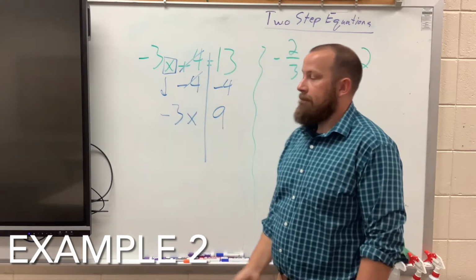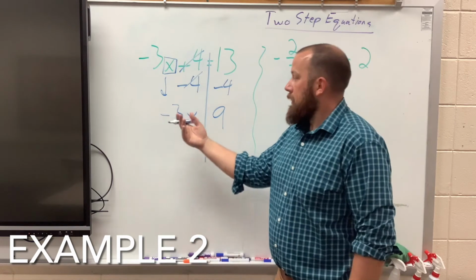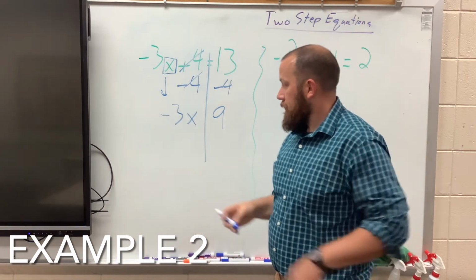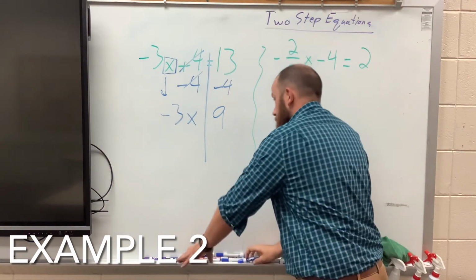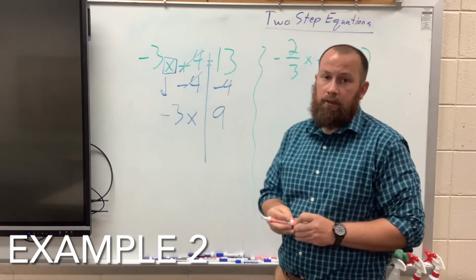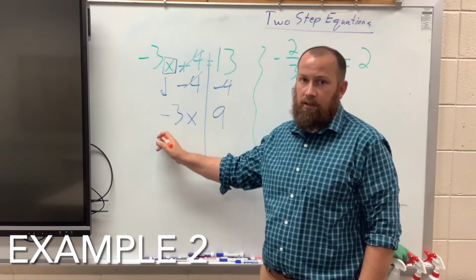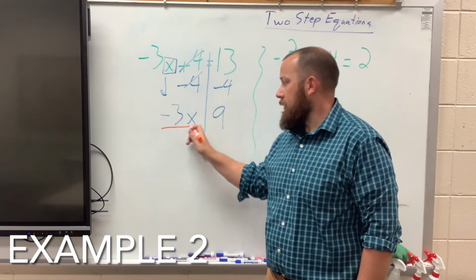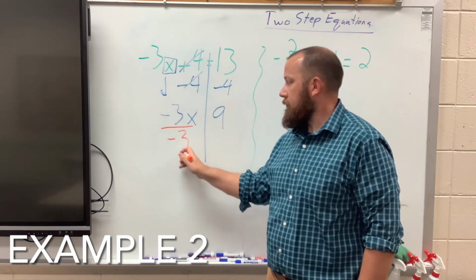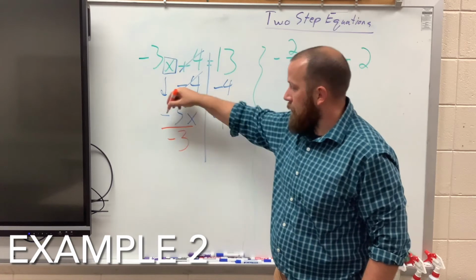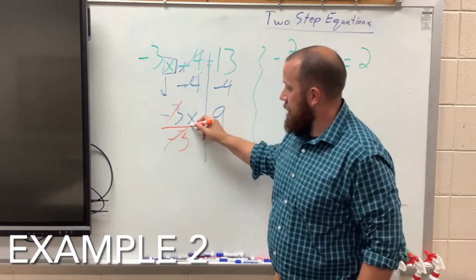All right? Not too difficult. So now, up front, I have negative 3. So now, the process being done here is multiplication. The opposite of multiplication is division. So I divide that negative 3 to get rid of it.